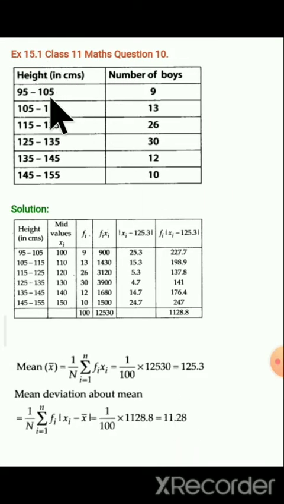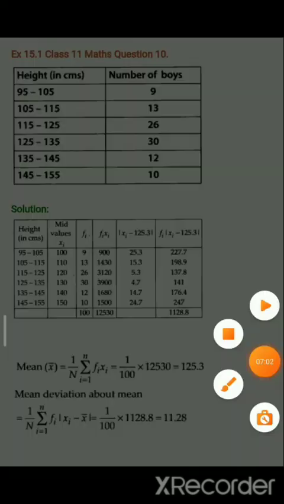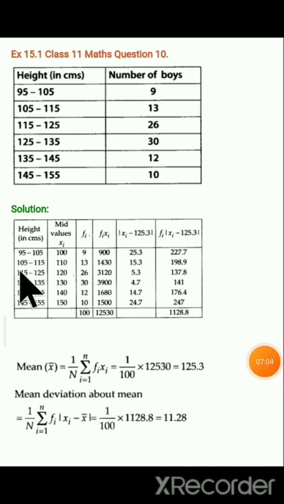Next question is heights in terms of centimeters, and number of boys. Heights are 95 to 105, 105 to 115, 115 to 125, 125 to 135, 135 to 145, 145 to 155. Number of boys, that is the frequencies, are 9, 13, 26, 30, 12, 10.